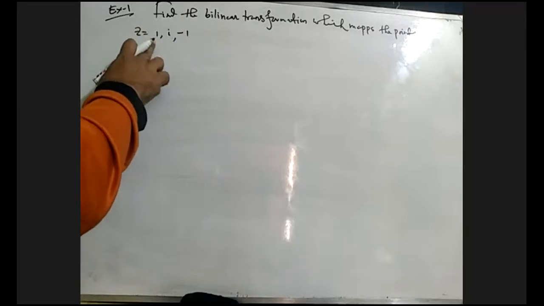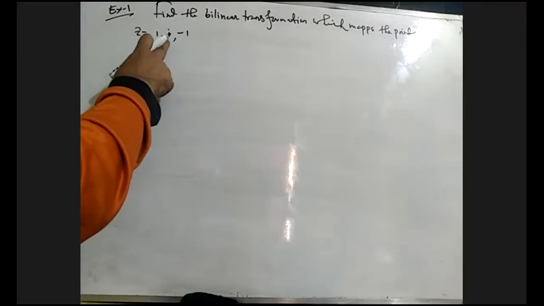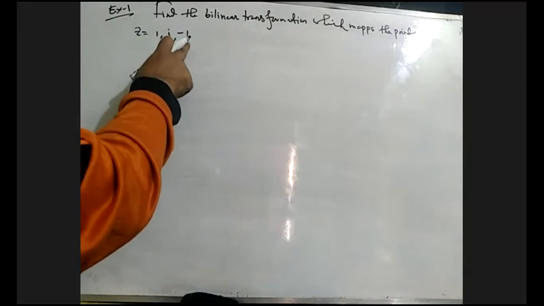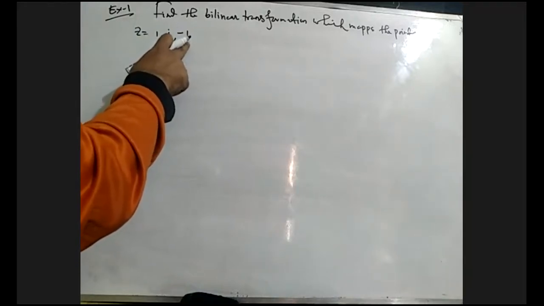All are complex numbers. 1 plus 0 into i, 0 plus 1 into i, and minus 1 plus 0 into i.